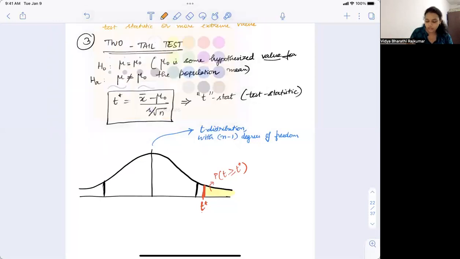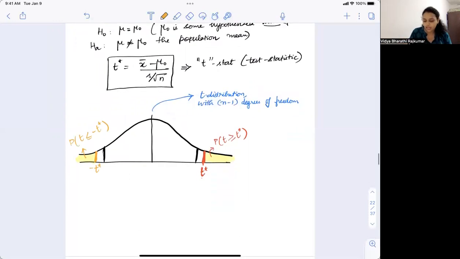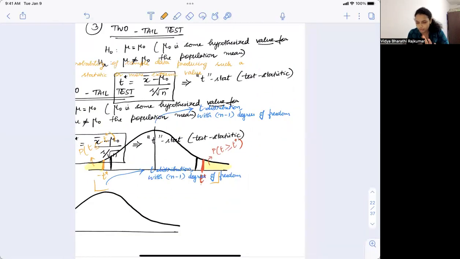What I'll also do, by the principle of symmetry, is look at minus T star on the other tail and compute this area as well. This area is the probability of T being lesser than minus T star. I look at both of these areas, and I'll say that my p-value, my sincere apologies for that.